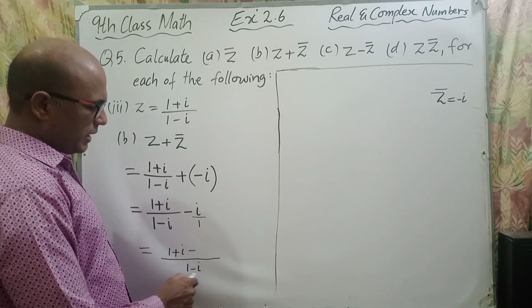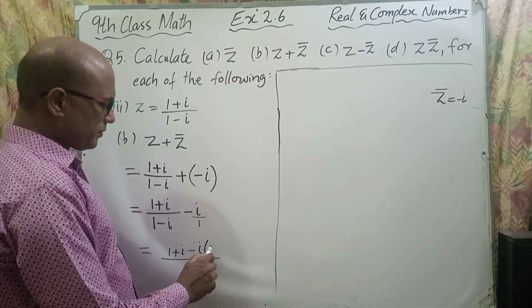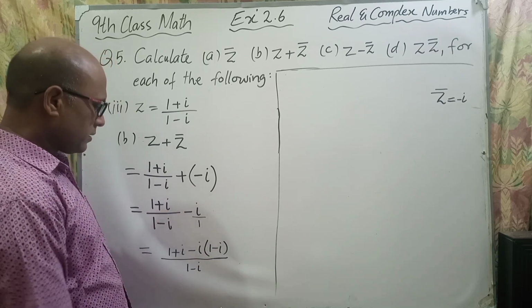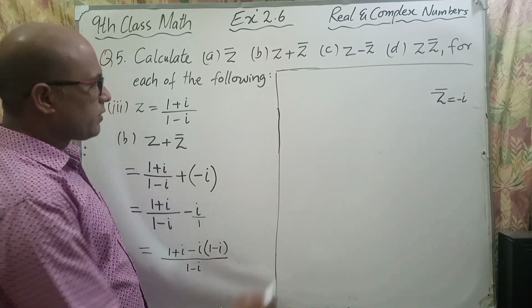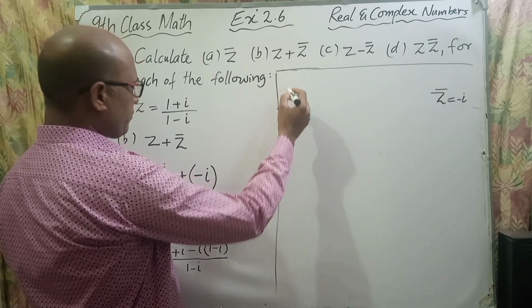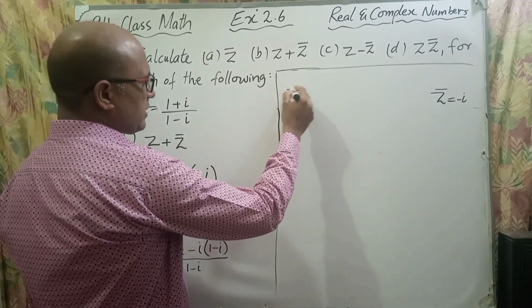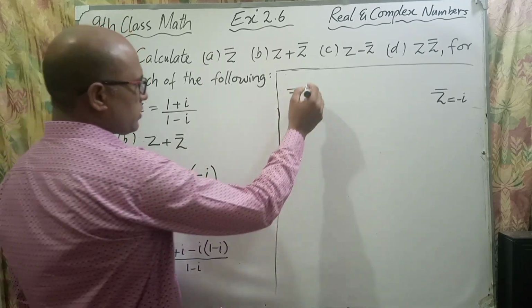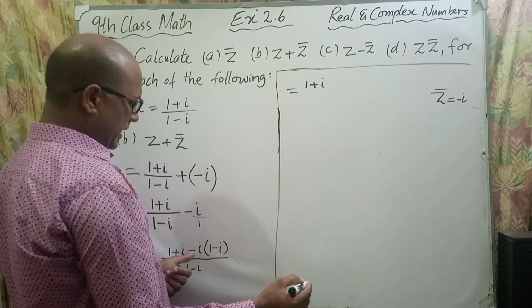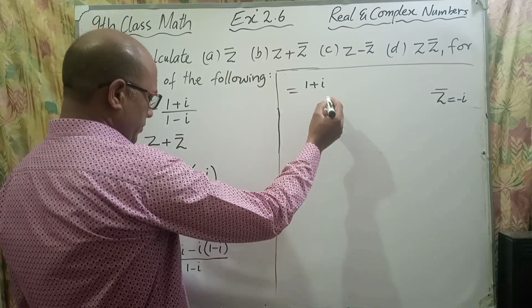So we'll directly multiply this LCM with iota, 1 minus iota. So we'll solve in the next step. We are finding Z plus Z bar is equal to 1 plus iota, opening this bracket and multiplying minus iota inside the terms.